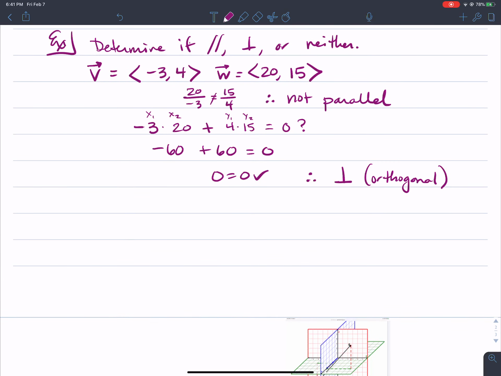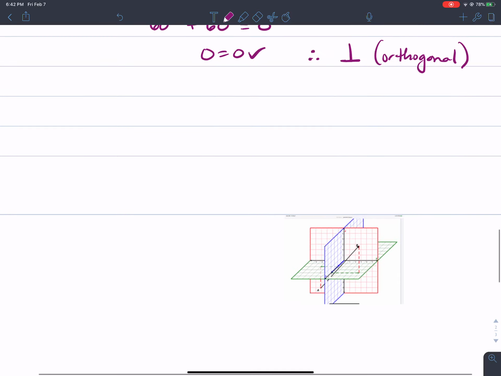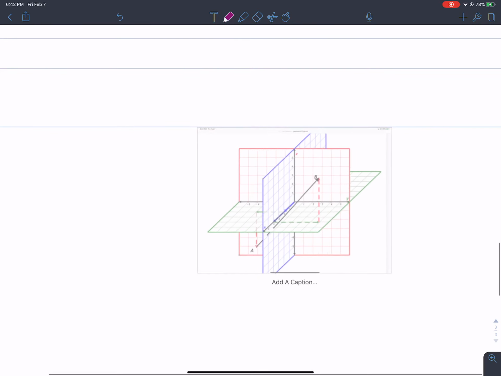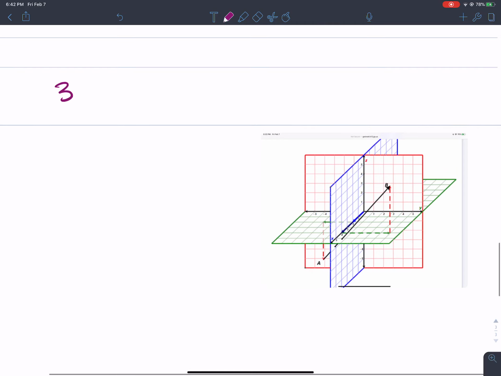All right, so that brings us to three-dimensional vectors. So I found this little graphic that I wanted to share with you because I cannot draw in 3 dimensions. I don't know if you can draw in 3 dimensions, but I cannot. So this is just a little sample of the 3-dimensional plane.